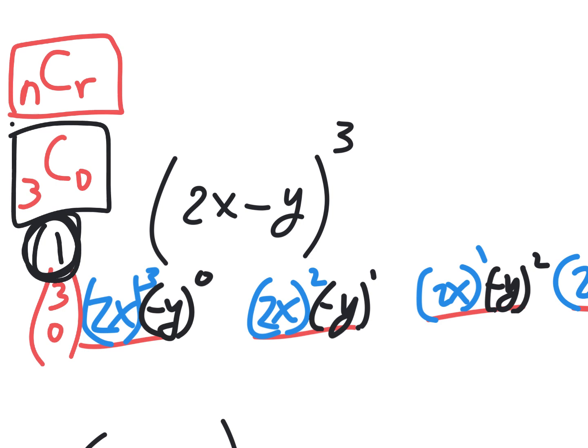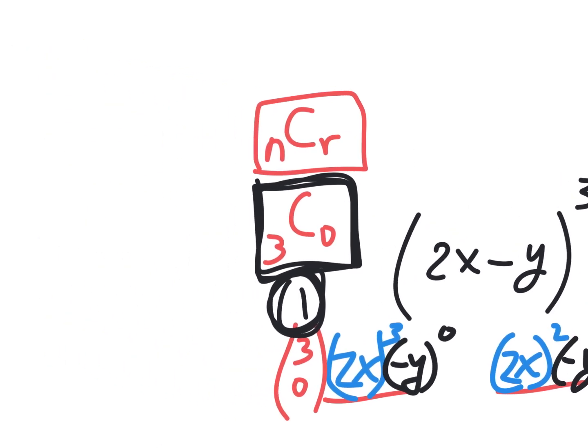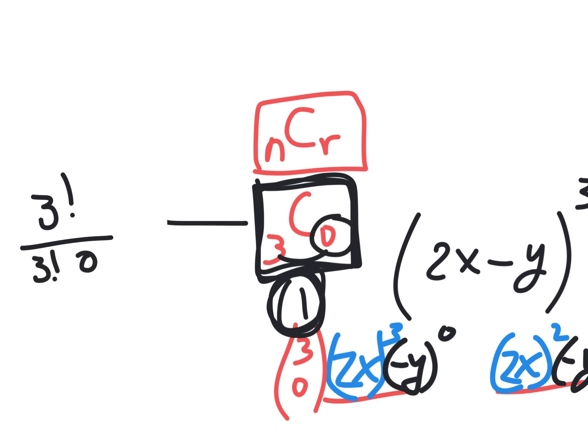But you should make sure that you know how to put this in a calc. Because the one on the test might be like 7C4. And you're never doing that one in your head unless you've memorized this: 3 factorial over 3 minus 0 factorial, which would be 3 factorial, with an extra one of these, 0 factorial. And that way you could do it in your head.